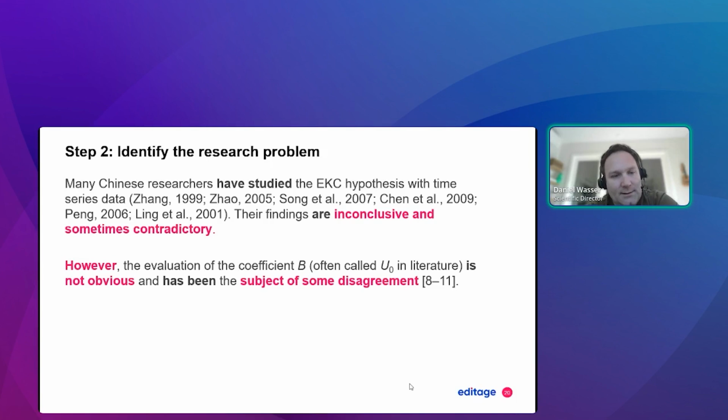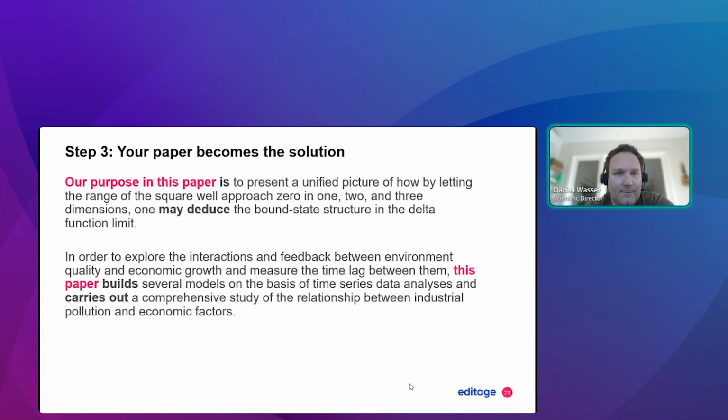And likewise here, however, the evaluation of the coefficient B, often called U naught in literature, is not obvious and has been the subject of some disagreement. So we're saying the same thing. We're setting up the problem, the disagreement, and that it's not obvious. And then the idea is that we'll come behind with our contribution and our research and set things straight. So it's the however statement. Your paper becomes the solution.